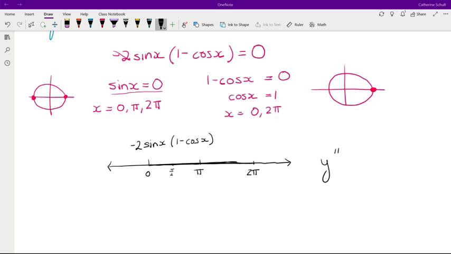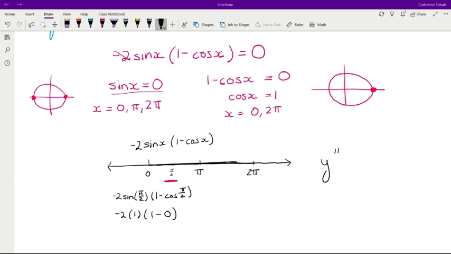So -2 times sine of pi over 2 times 1 minus cosine of pi over 2. Sine of pi over 2 is 1, and then 1 minus cosine of pi over 2 is 1 minus 0. So -2 times 1 is -2.